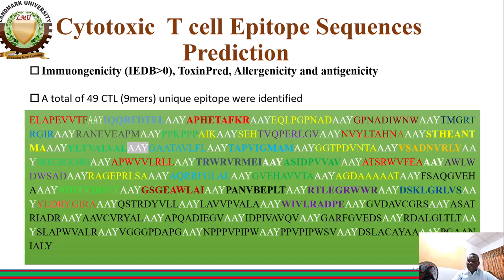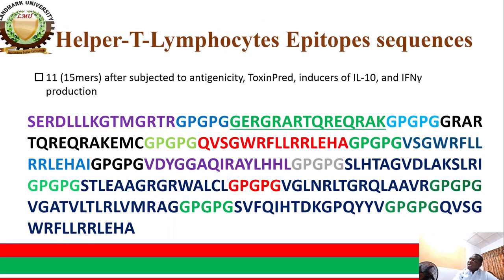At the end of the day, 49 CTL, that is cytotoxic T cell unique epitopes, were identified, after which the HTL lymphocyte epitope prediction was also performed and 11 HTL epitopes were retrieved, and the sequences as predicted are displayed on the board here.